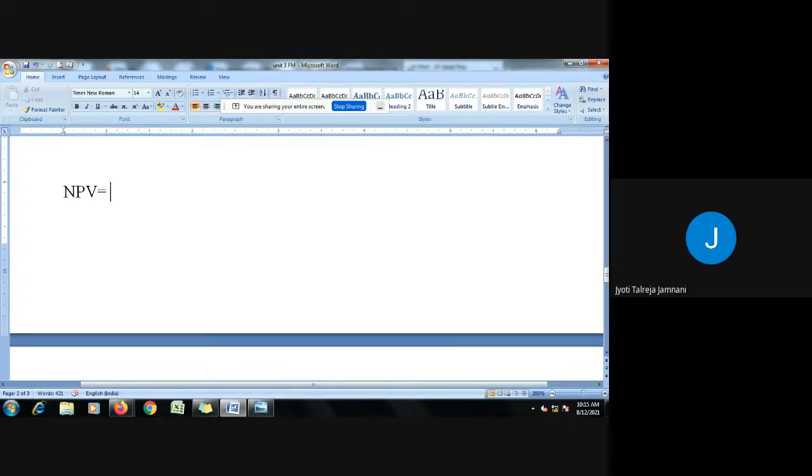So, how do we find the NPV? To find the NPV, the formula is present value of cash inflows minus initial investment. Now, what is this present value of cash inflows?